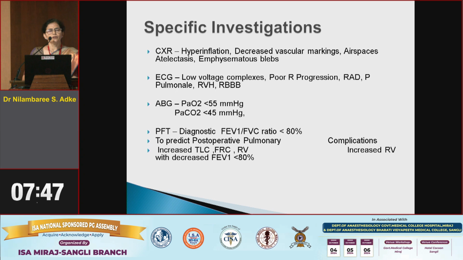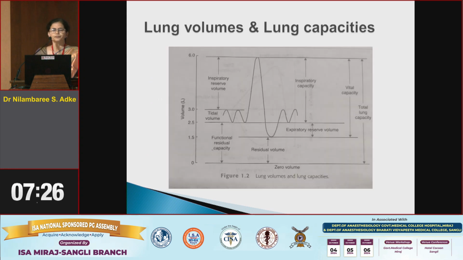Then PFT will also help us know the reversibility of his airway obstruction. And as we know, all COPD patients typically have increased total lung capacity, increased FRC, increased residual volume, and decreased FEV1. These are the normal lung volumes and capacities, which you all know.